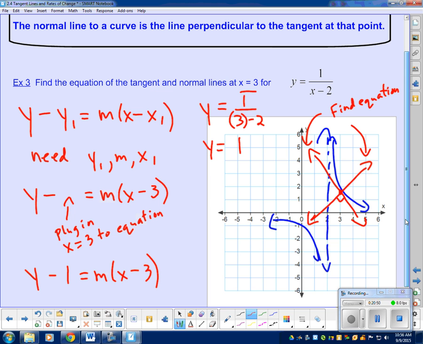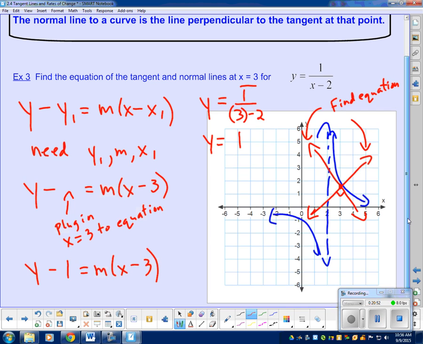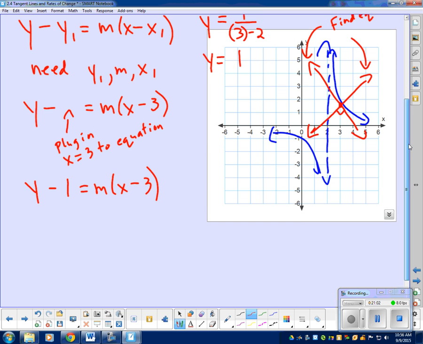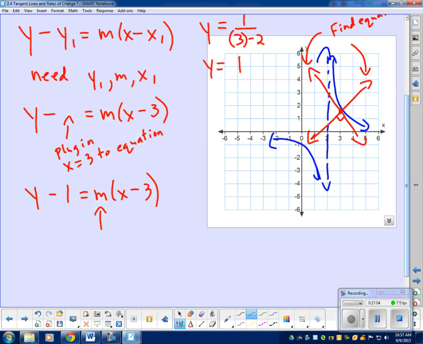I have to do some messy algebra here now. How am I going to get the slope m for this equation of the tangent line? Use difference quotient, right?